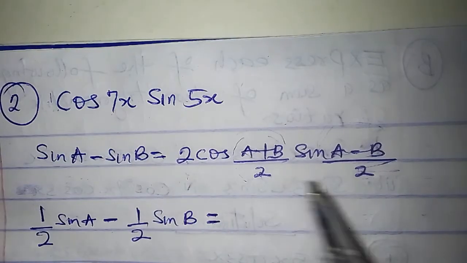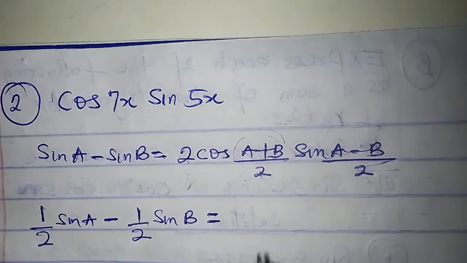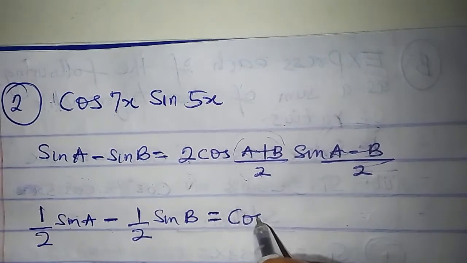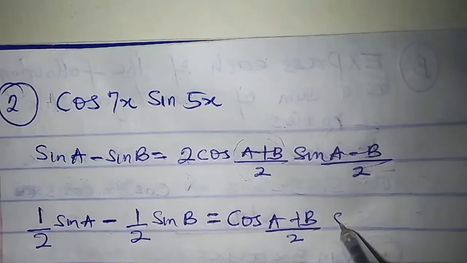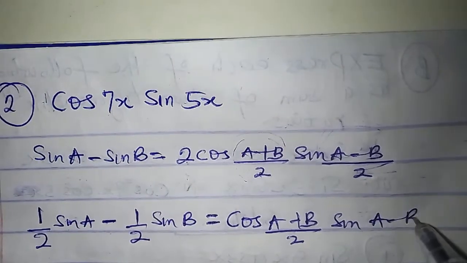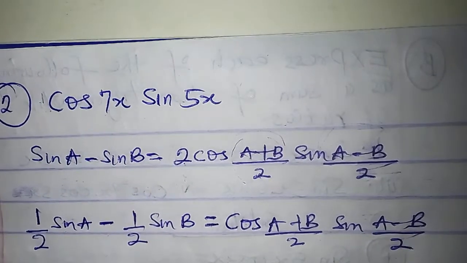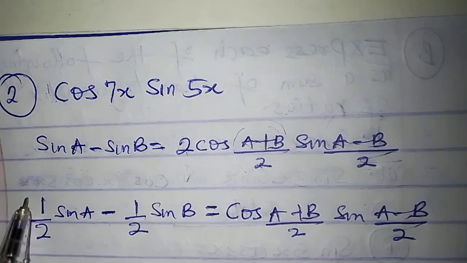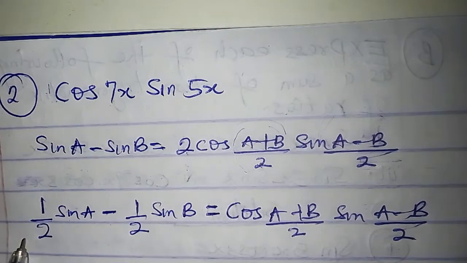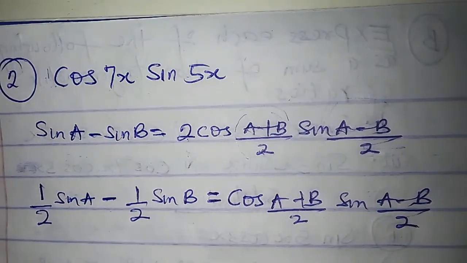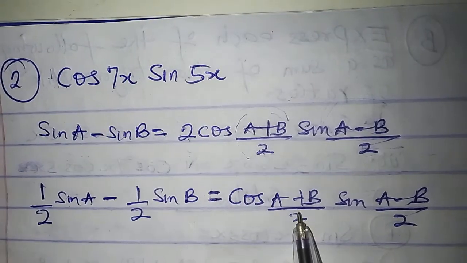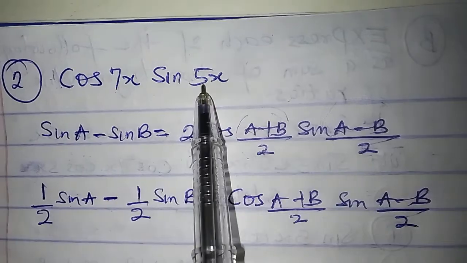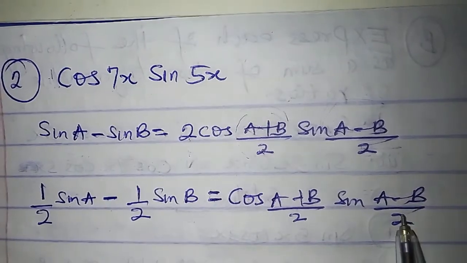So if I divide it by 2, these 2 here will go, leaving us with cos (A plus B) over 2 sine (A minus B) over 2. Good. So our answer would be in this format. That's the point. Let's compare. We have 7x here. We have (A plus B) over 2 here. We have 5x. We have (A minus B) over 2.